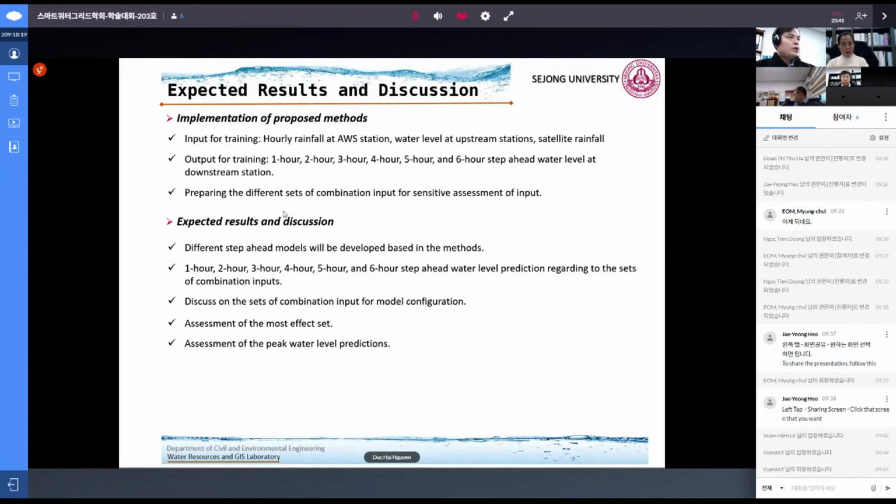Next, I will prepare different combinations of inputs for sensitivity assessment of the inputs in this basin.